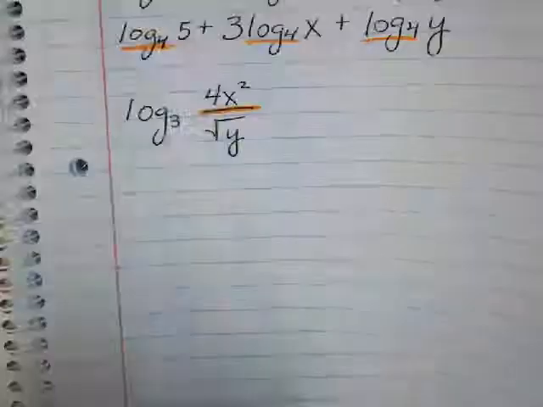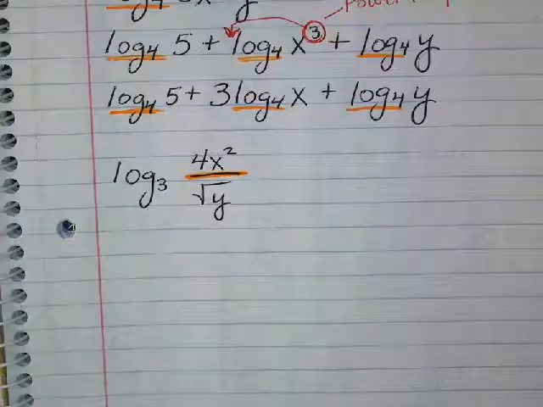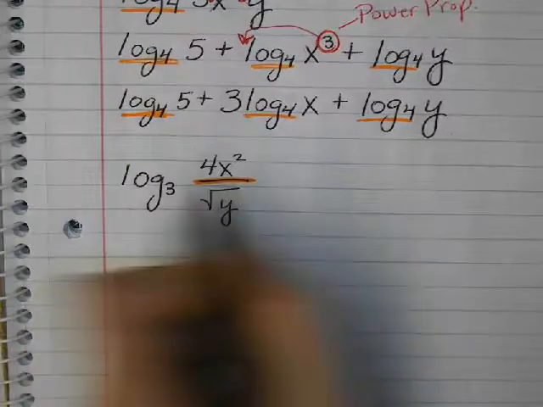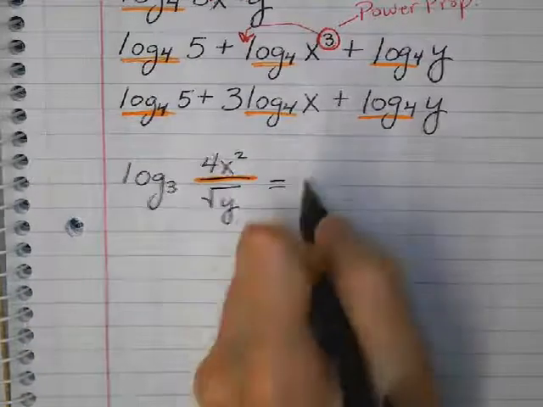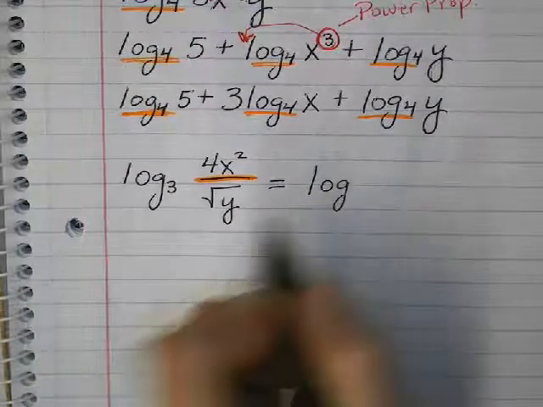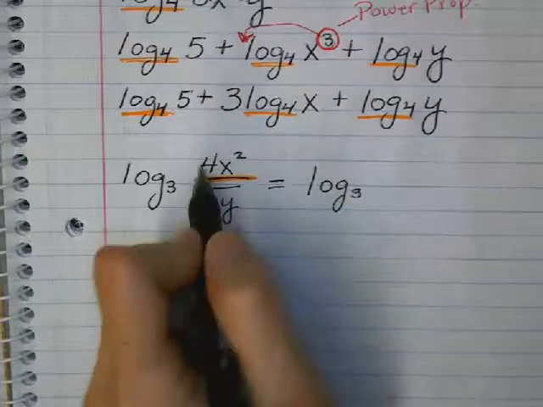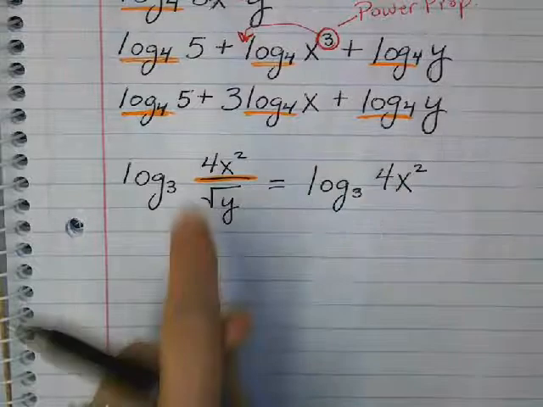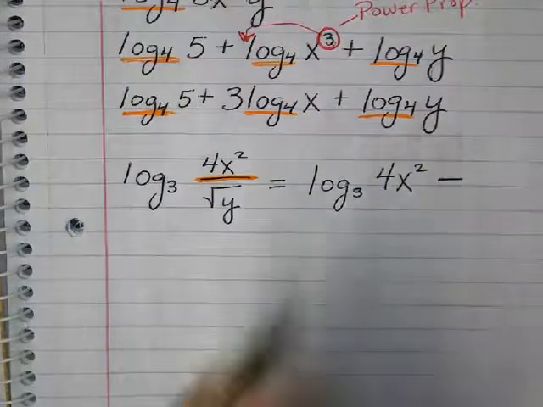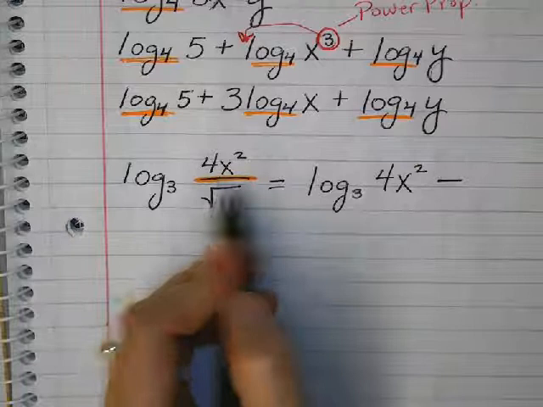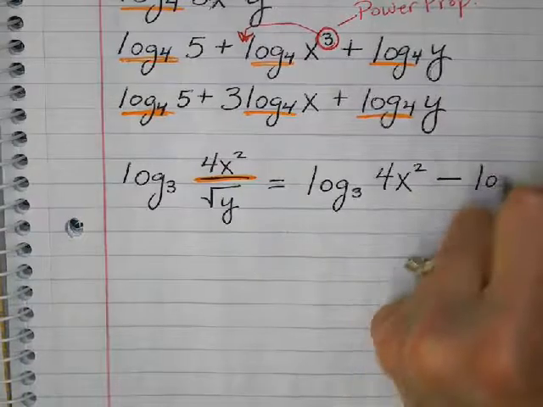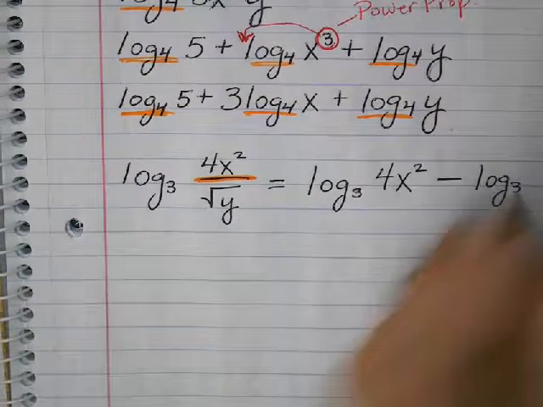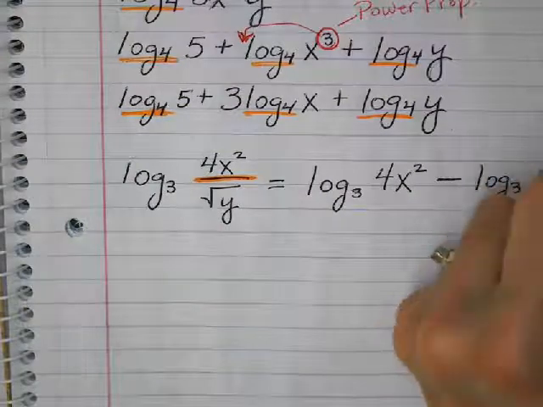Okay, so hopefully this makes it pretty easy if you just keep referring to those properties. So this one would break apart. Log base 3, put the numerator, the top, 4x squared, minus, because the fraction turns into minus, log base 3 of square root of y.